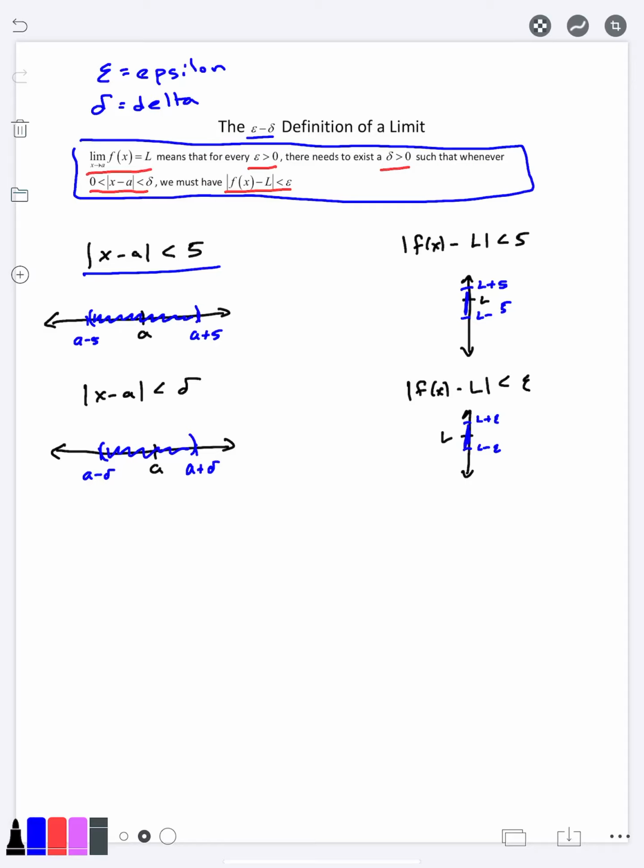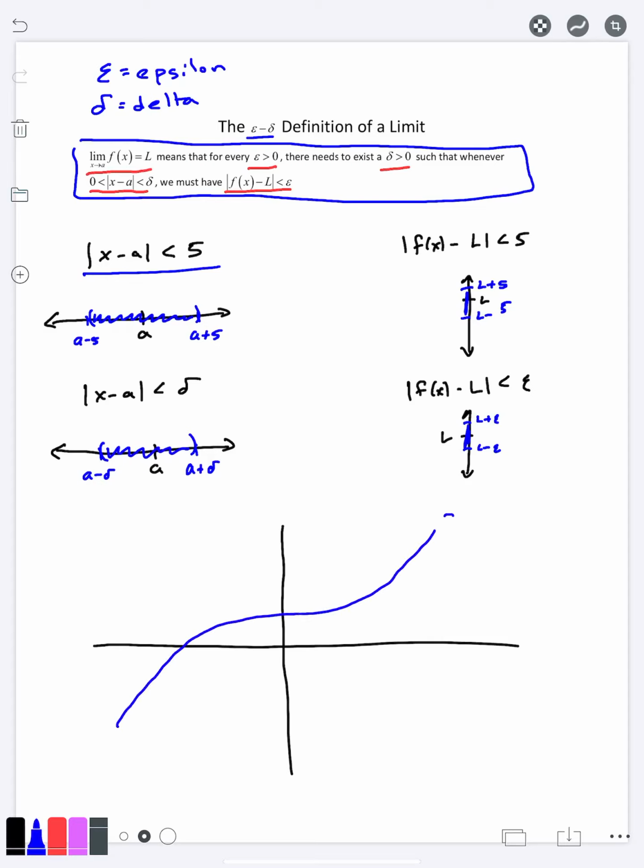Now, how are we going to put this all together? The idea is we're going to look at our graph of whatever function we may have. So here's my function, and we're trying to find the limit of this function at a value x equal to a.